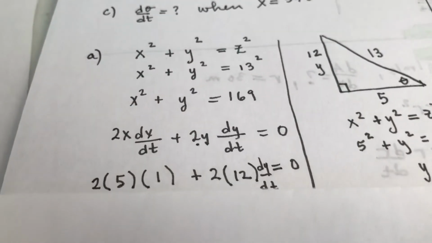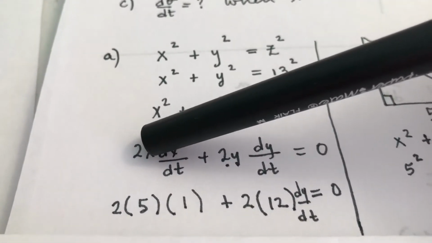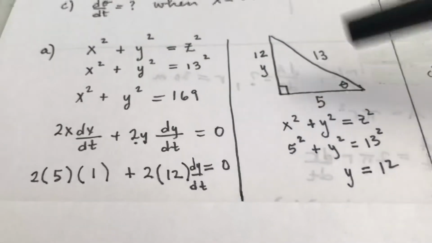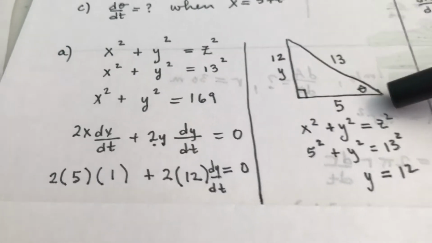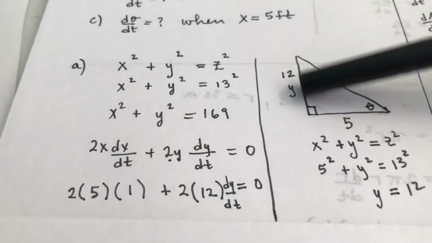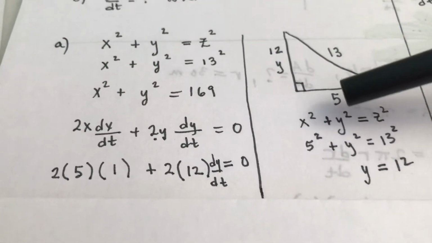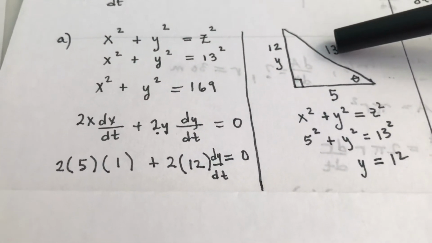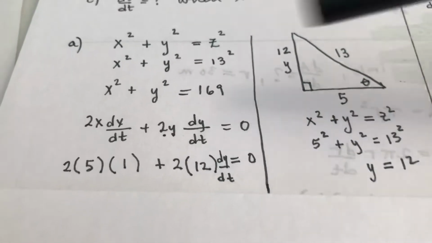And this is when I start filling things in. I have x that was given to be 5, and that's this little triangle over here. I had to find y by substituting in 5 and 13. So I did 5 squared plus y squared equals 13 squared and got y is 12.